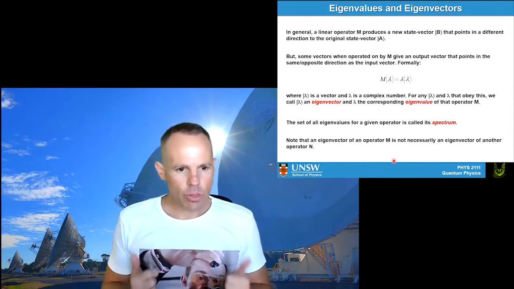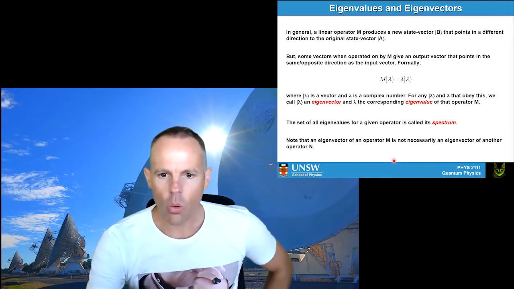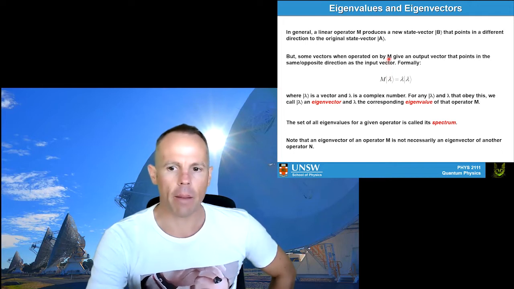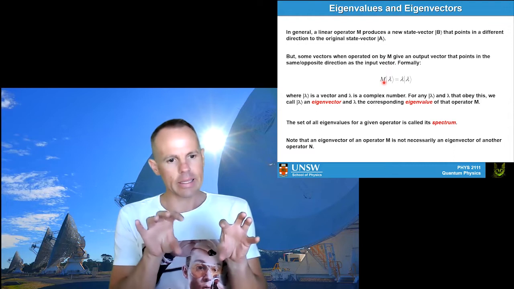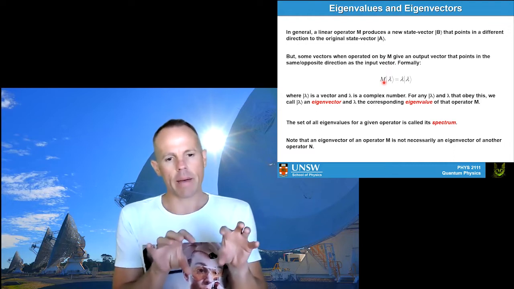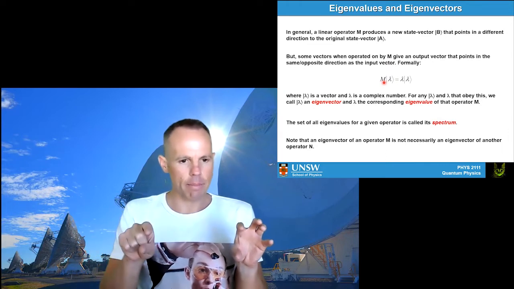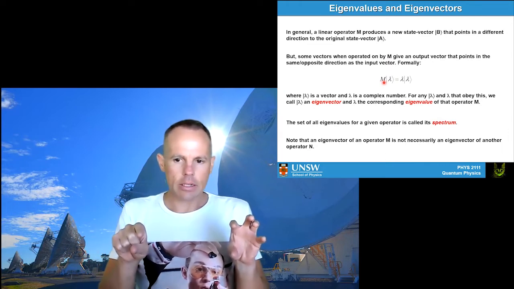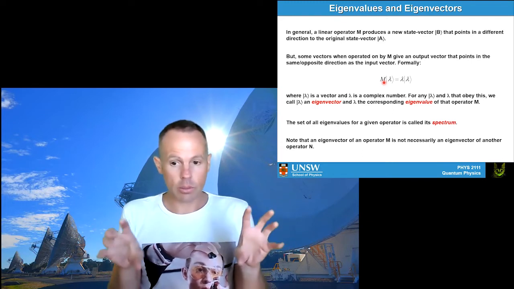The special thing about eigenvectors and eigenvalues is that when you take a matrix M, if the vector that M operates on is an eigenvector, what you get back is that eigenvector multiplied by a number. That number, in our particular case, will be a complex number, and that's perfectly fine.